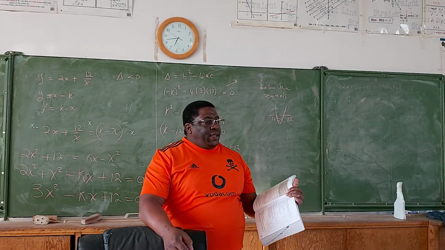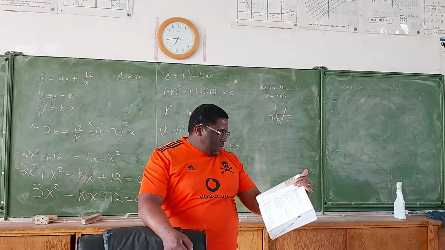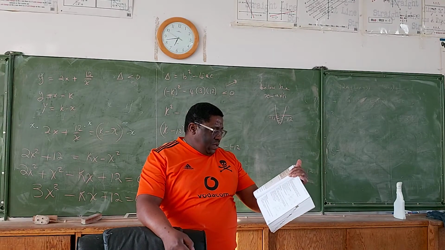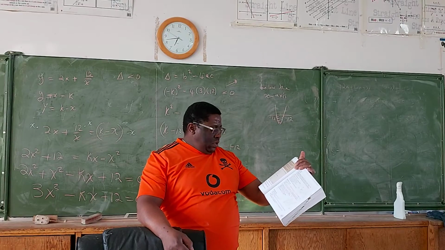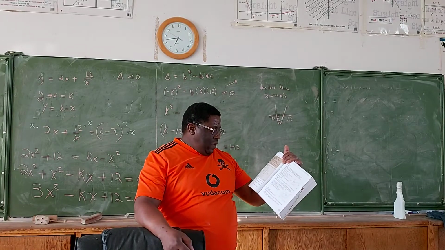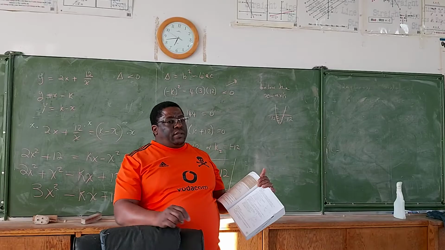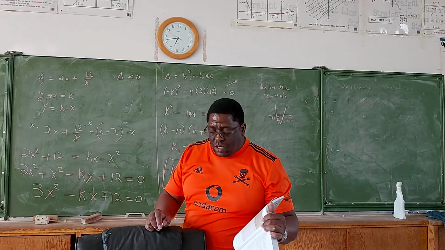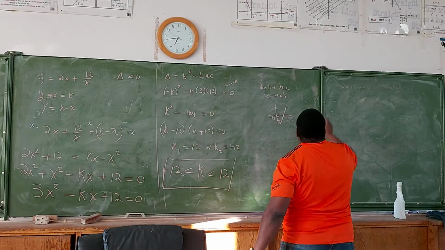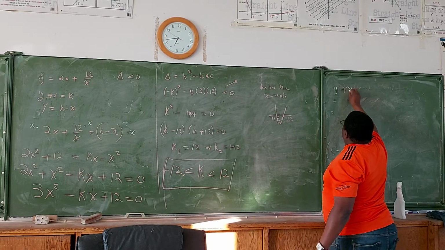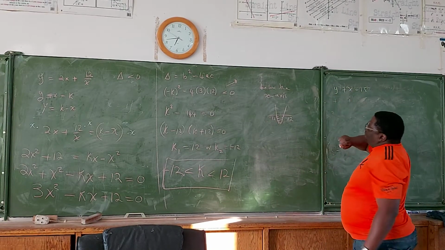In the case where K is equal to 15, the curve intersects the line at points A and B. When K is equal to 15, we have y plus x is equal to 15.